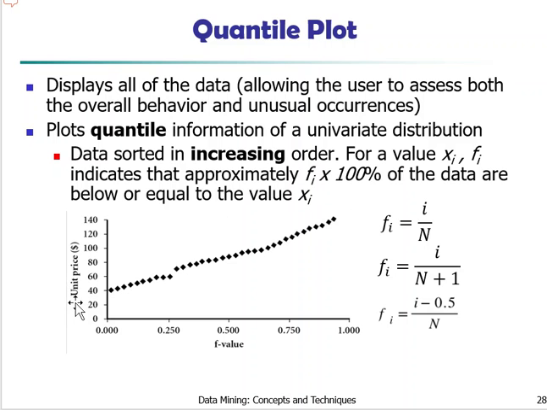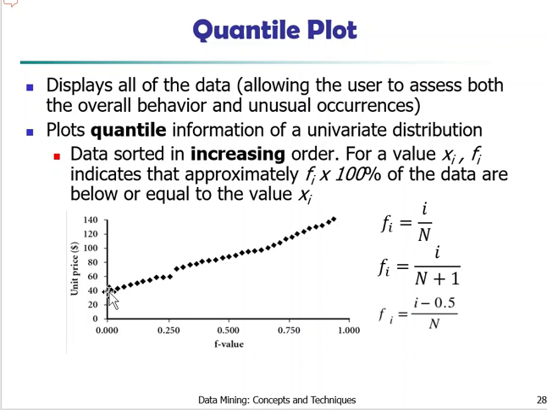So here in this example, we have the unit price of a set of products, from $0 to $140. And we will sort all the prices in order. So the data is sorted in increasing order.